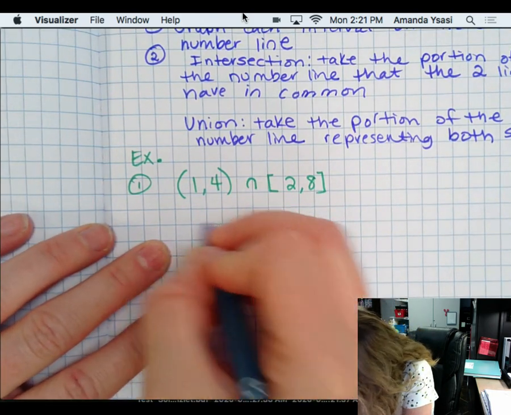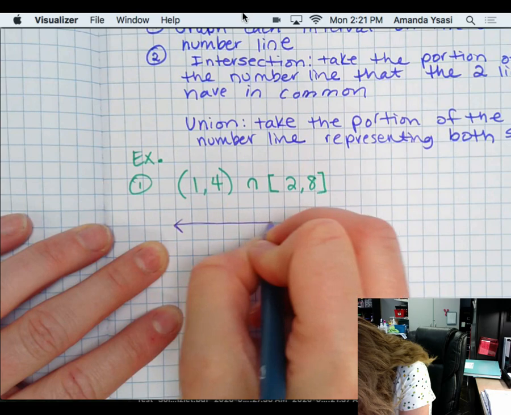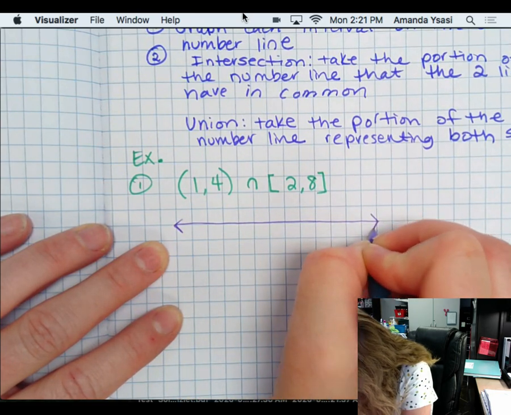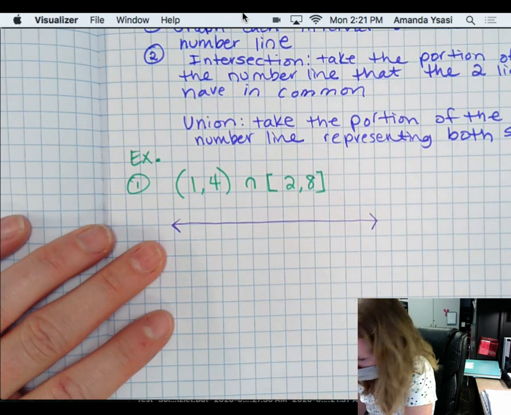So let's draw a number line and make sure that we can get all of these numbers on there.